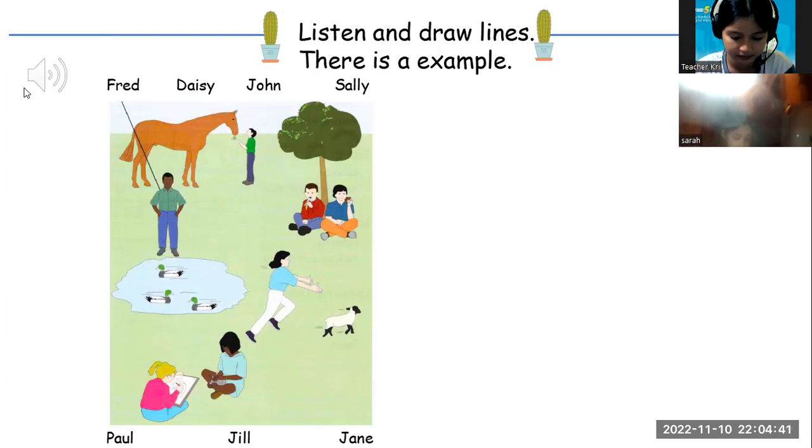1. Where's Paul? He's sitting under the tree with his friend. There are two boys under the tree. Which one is Paul? He's eating a banana. Oh, yes, I can see him now. 2. I'm looking for John. Can you see him? What's he wearing today?